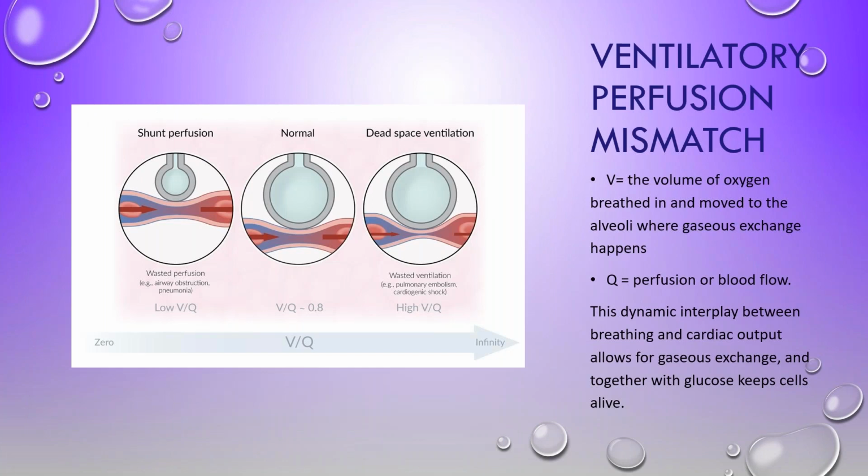So with that, we have to talk about ventilatory perfusion and ventilatory perfusion mismatching. And this becomes quite important because there are two components to ventilatory perfusion, and it's how we utilize it. So the first part is the V, or the volume of oxygen breathed in or given, and moved to the alveoli where gaseous exchange comes in.